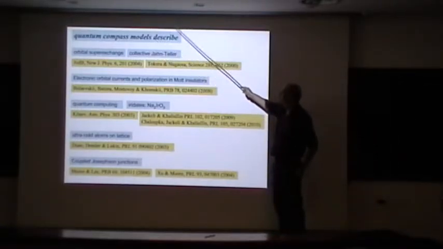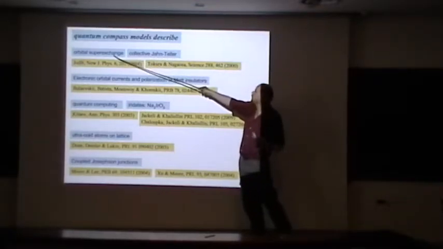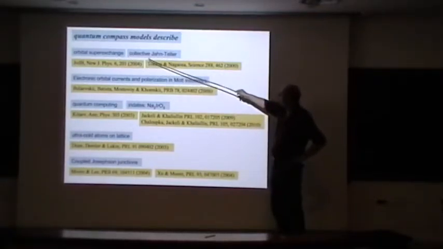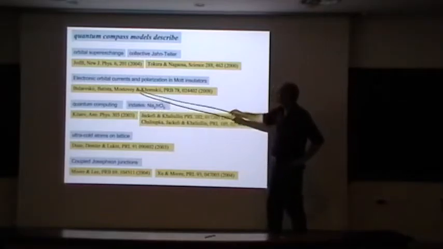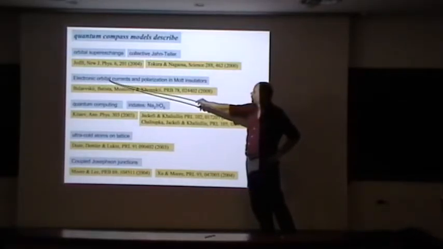So, just to give you a flavor, what can these quantum compass models describe? I've introduced them in the context of orbital superexchange, but the same goes for collective Jahn-Teller effects. If I'm looking at the eg orbitals, Christian has shown that these compass models also appear when describing electronic orbital current and polarization in Mott insulators.